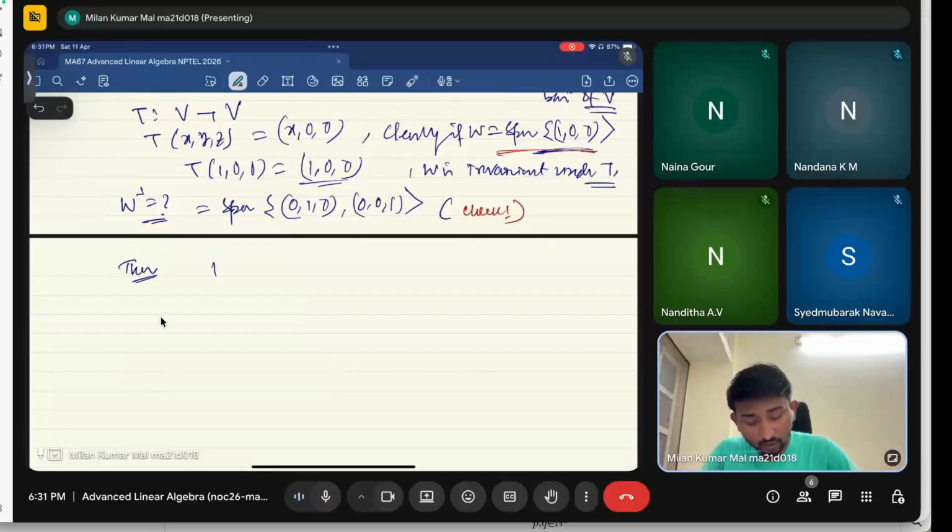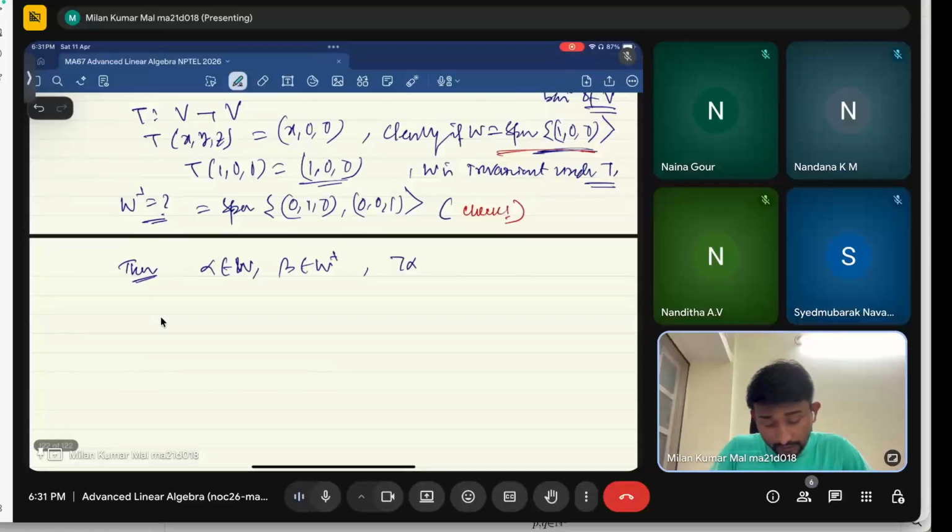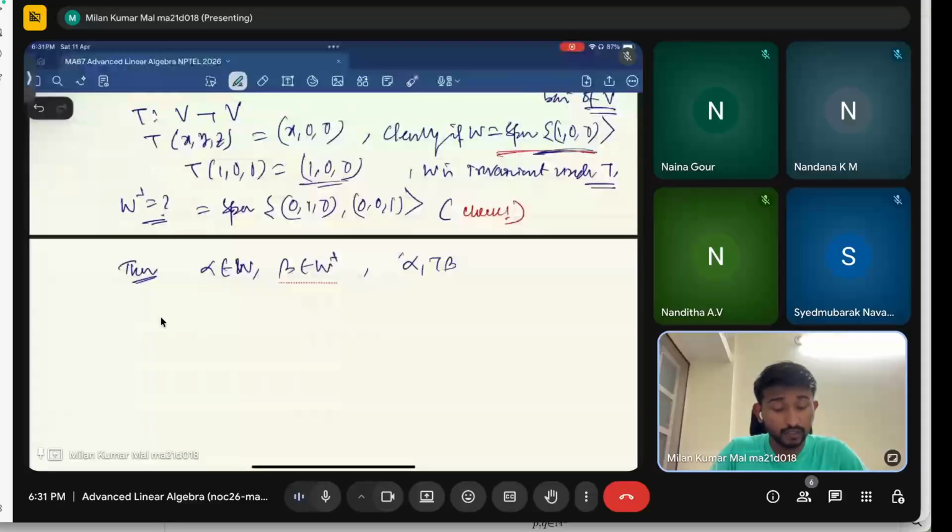Let's take (1, 1, 1), that's coming from the vector space V. But I need that element coming from W. I need alpha coming from W and beta coming from W perp, and T beta, such that the inner product of alpha and T beta is not equal to 0. This is what I want to show. I mean, there exists an alpha and a beta like this such that alpha inner product T beta is not going to be 0.